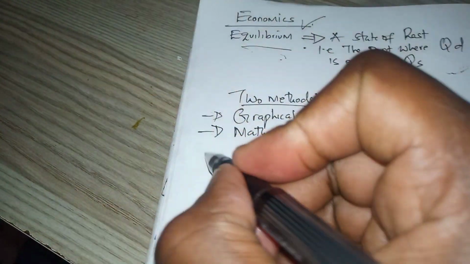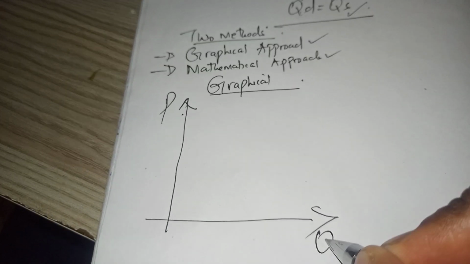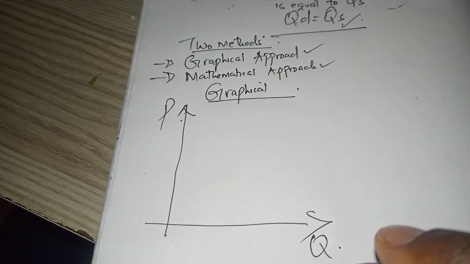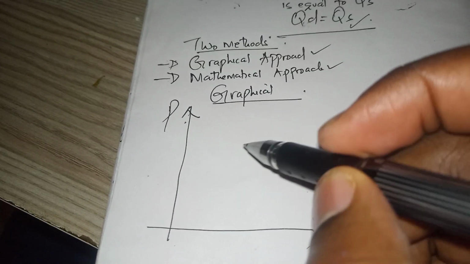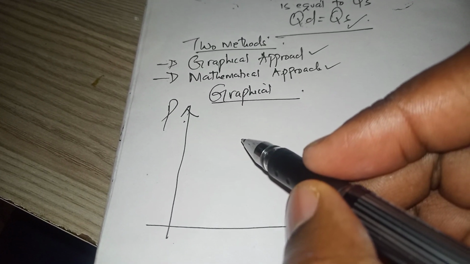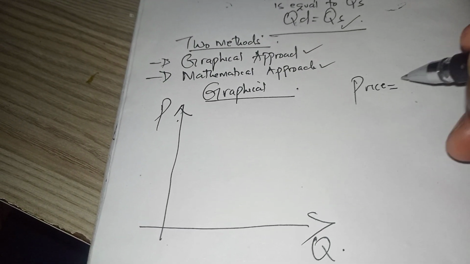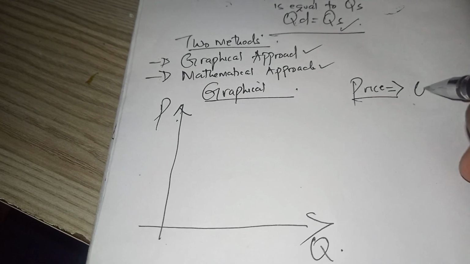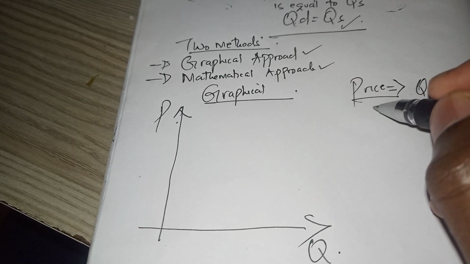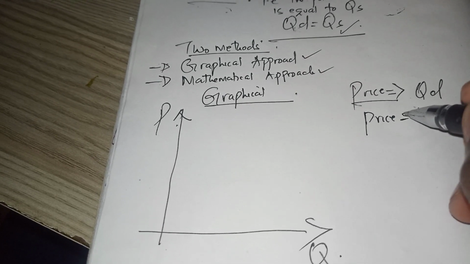this is the y-axis. The price usually goes there. This is the x-axis, and that is quantity. And remember the relationship between price and quantity. If you want to know the slope of the curve, you need to know the relationship between price and quantity demanded, as well as price and quantity supplied.